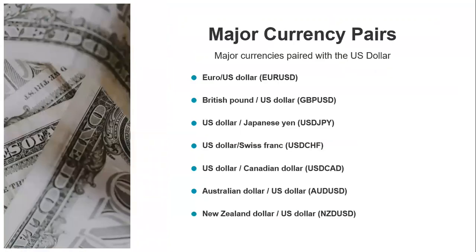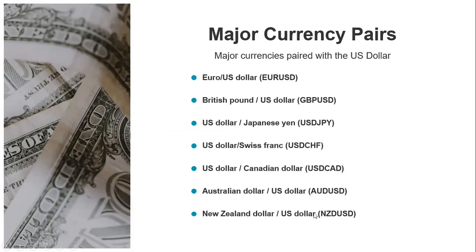The majors. Those 8 currencies I mentioned to you, pair them with the US dollar. The US dollar is one of them. Pair the rest of them with the US dollar, and you have your major currency pairs. The Euro USD, the British Pound USD, the USD Japanese yen, the USD Swiss franc, the USD Canadian dollar, the Australian dollar US dollar, the New Zealand dollar US dollar.